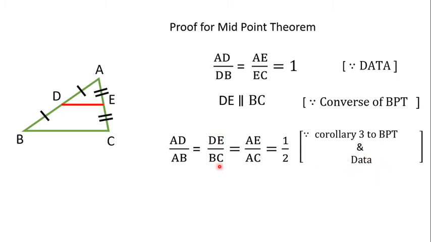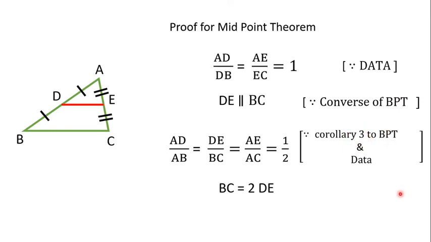Now consider DE by BC is equal to 1 by 2, and upon cross multiplication, BC into 1 is BC, 2 into DE is 2DE. Therefore, the length of BC is double the length of DE, which means DE is half of BC. So this is the proof for midpoint theorem using basic proportionality theorem, the converse of BPT, as well as the corollary 3 to BPT.